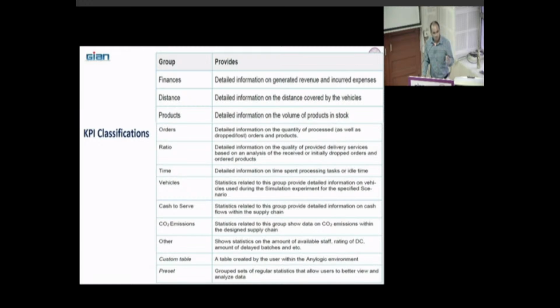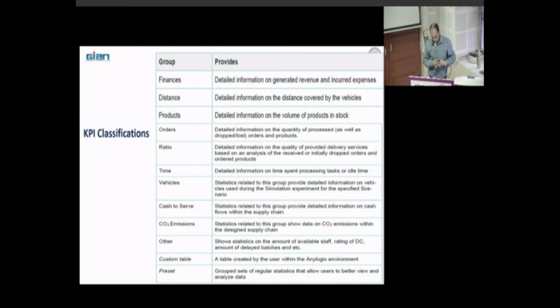If you are interested in the volume, you can do that, or if you are interested in the orders, you can find out how many orders you have received. Then ratios. There are a couple of ratios like expected lead time and service level, and if you want to find out what demand we received and how many products we delivered, that will show us some kind of ratios.